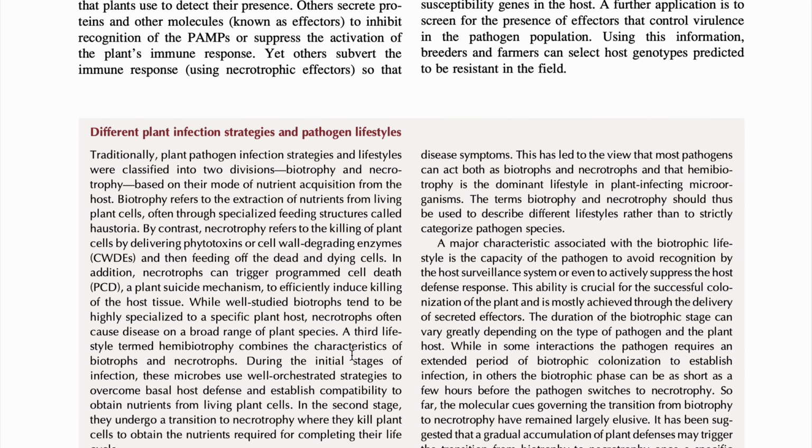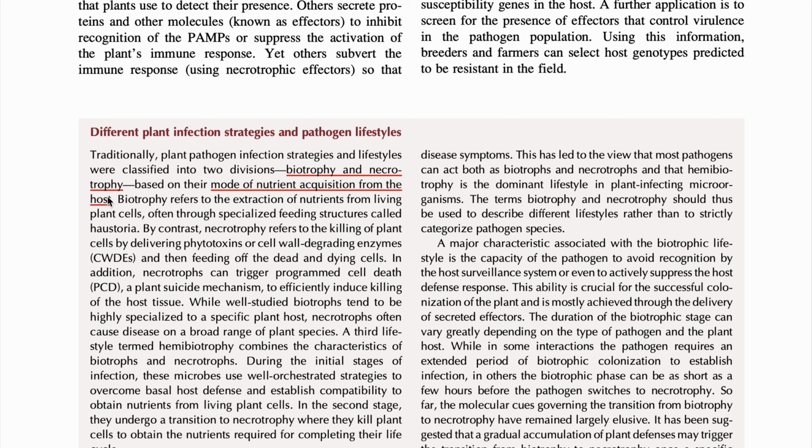Let's see what we have here: different plant infection strategies and pathogen lifestyles. Traditionally, plant pathogen infection strategies and lifestyles were classified into two divisions, biotrophy and necrotrophy. Based on what? Based on their mode of nutrient acquisition from the host.